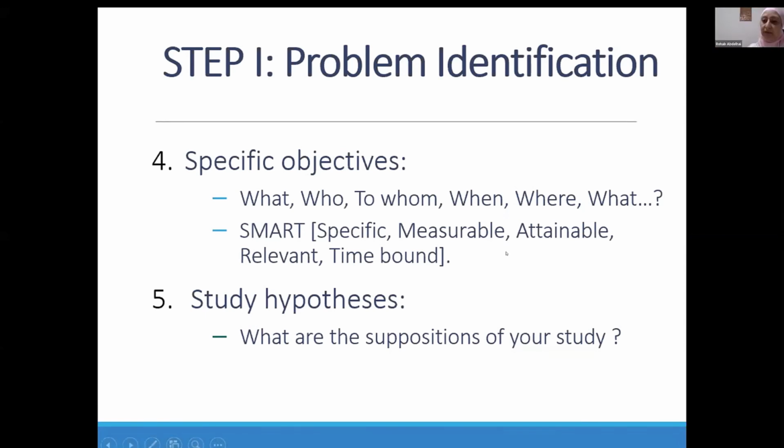Okay. So our study hypotheses are what we are supposing or assuming at the beginning of our study. So for any study, there are two hypotheses. The first hypothesis is the hypothesis that Maha has given me. So it's related to the question.